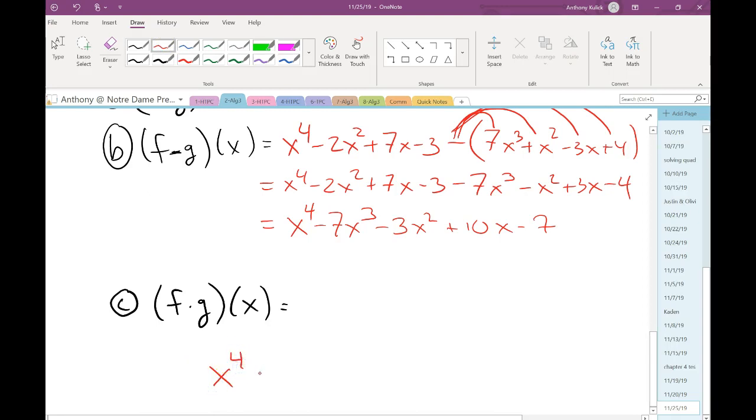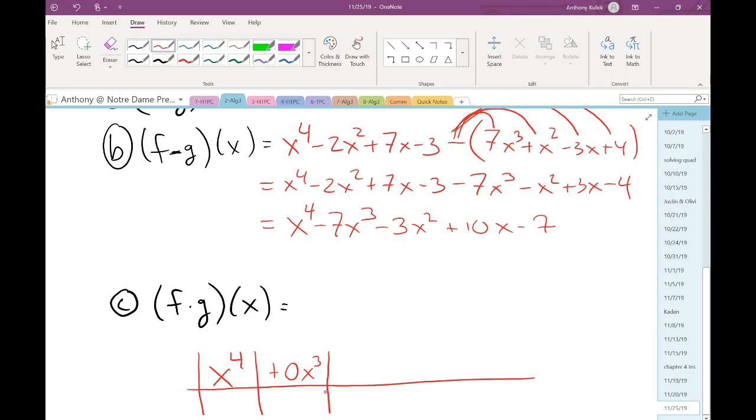So I'm going to have x to the fourth, and then what's going to come next? I'm going to have 0x cubed. Why am I putting that there? So everything lines up.